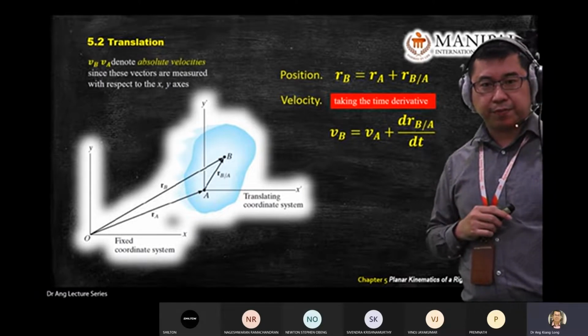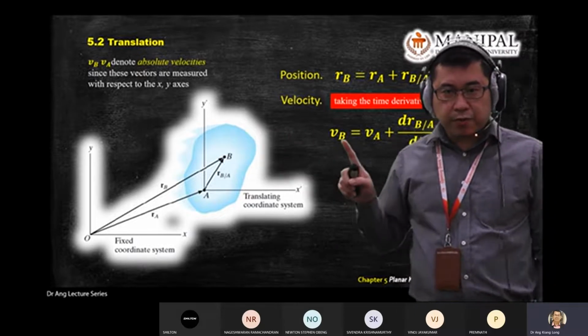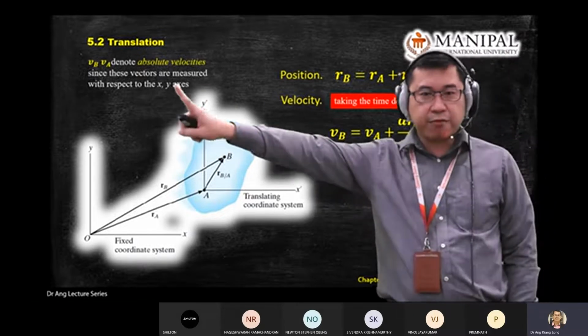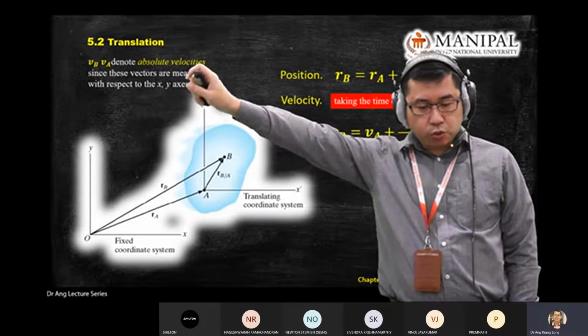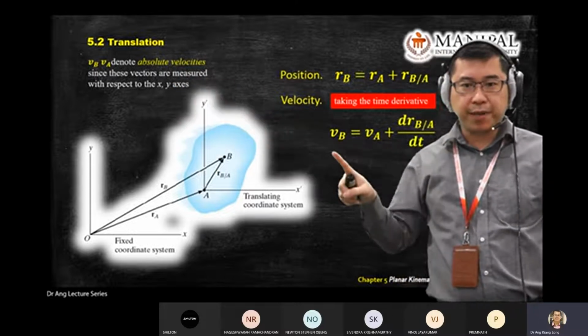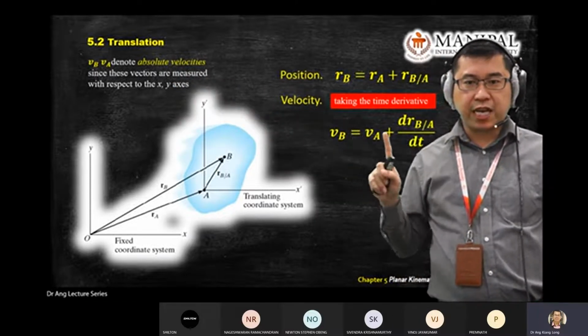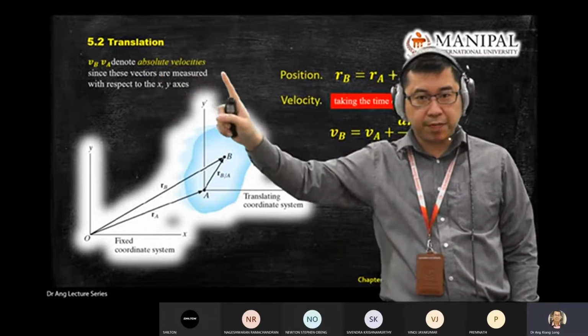Now, just a side note. VA, VB, here there's a name for them. In textbook or in a tutorial question later, it will ask you to solve something. So if it asks you to solve the main velocity, VA or VB, you will see that you need to solve absolute velocity of something.